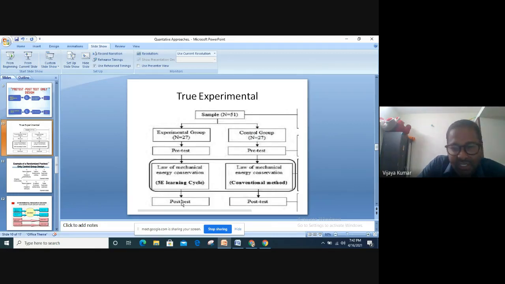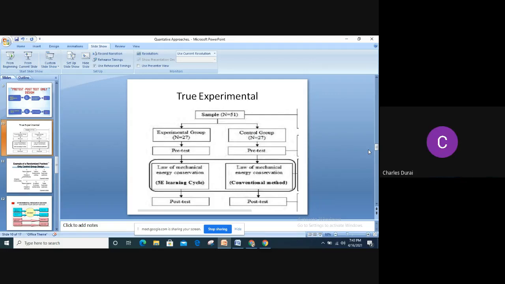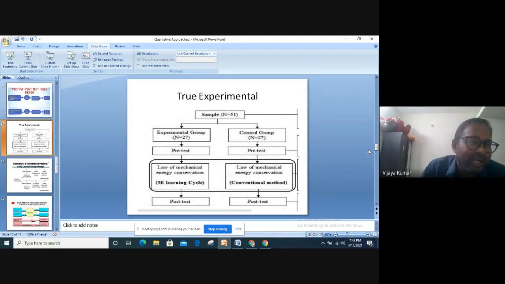After that, she is conducting the post test for both the groups, and she has got her results. How to interpret the results is a different proposition altogether. There are research protocols and steps involved in it, but the objective of my lectures is only to help the researchers throw light on qualitative and quantitative designs.